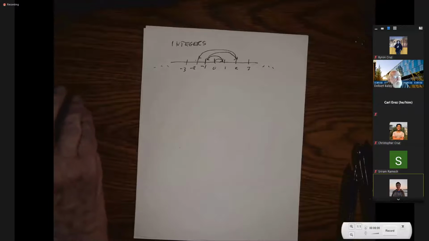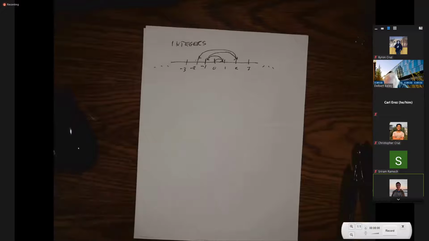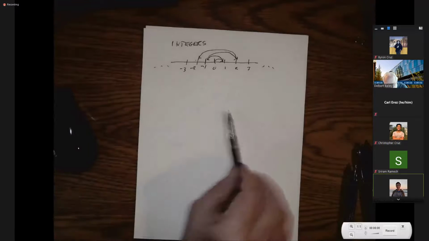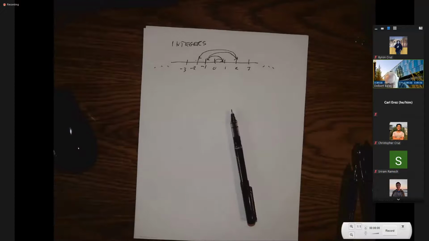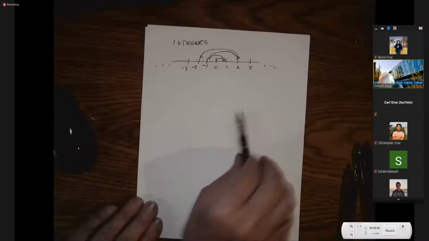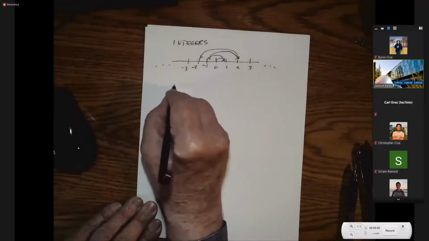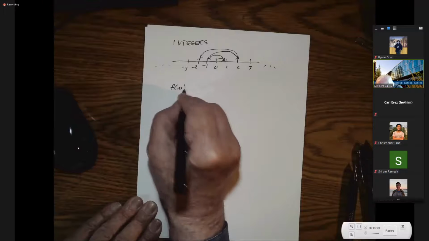So for this integer list, you'd say this is uncountably infinite? Or sorry, countably infinite? Yeah, yeah. Okay. And this one, coming up with the expression for it is not too hard. I think this works.